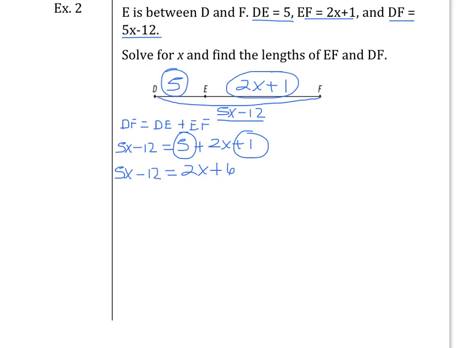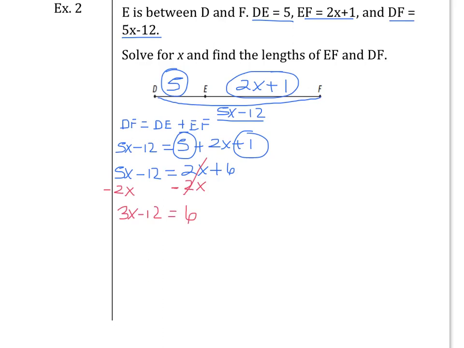Okay, so let's now bring all the x's to the left hand side, so minus 2x, and 5x minus 2x leaves us with 3x minus 12 equals 6. And this is why we reviewed algebra a couple of days the previous week.